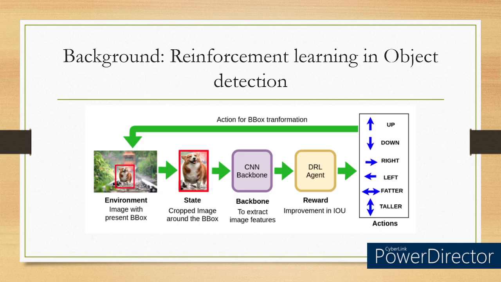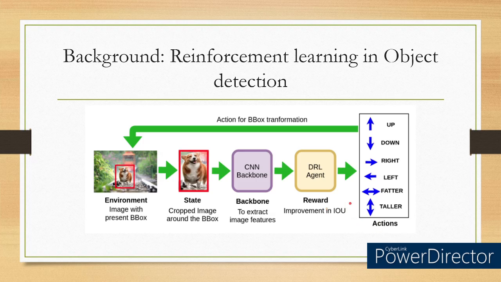So this is a figure that describes how reinforcement learning is utilized in object detection. A CNN model extracts features from regions, from bounding boxes, and we introduce a reward function that enables the agent to take appropriate actions.